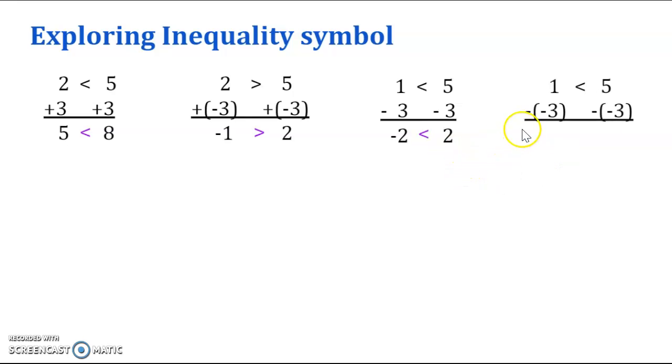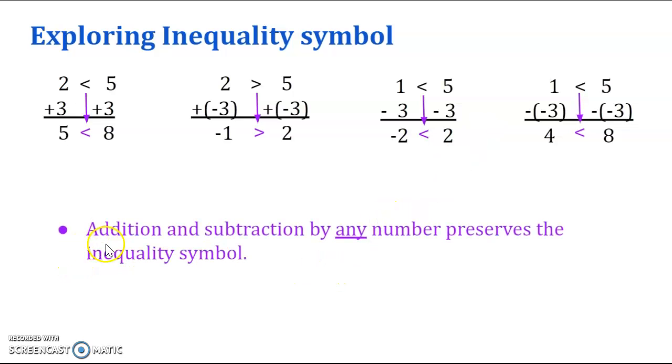And last, when I subtract a negative number, that is the same as adding 3, because subtracting a negative becomes positive. 1 plus 3 is 4 and 8. The bigger number is 8. So notice that the inequality symbol got preserved whether you are adding or subtracting a positive number or negative number. That's the conclusion: addition and subtraction by any number preserves the inequality symbol.